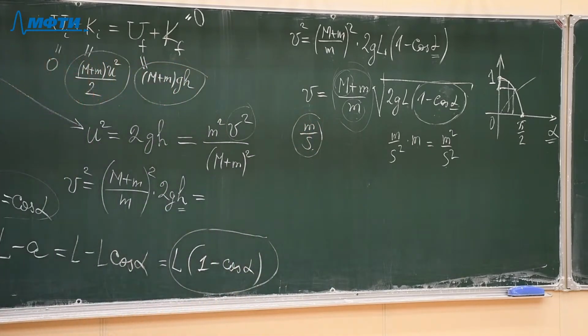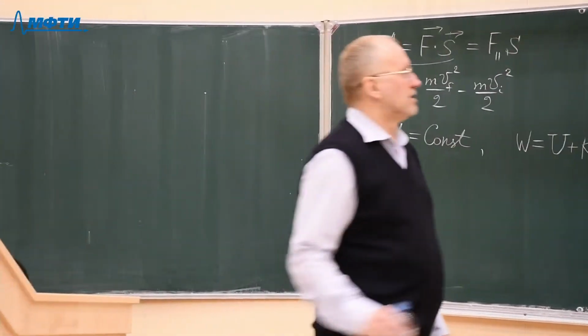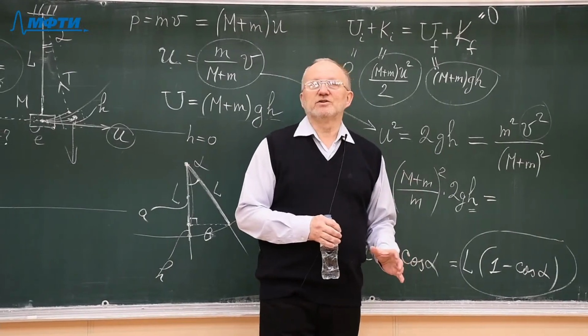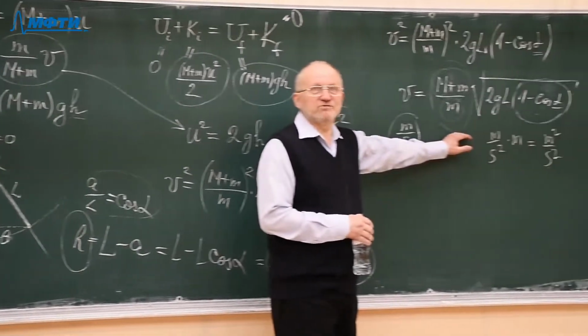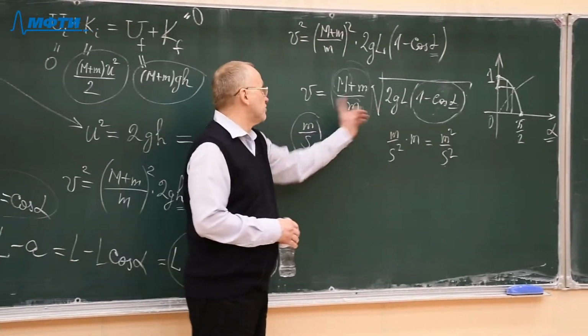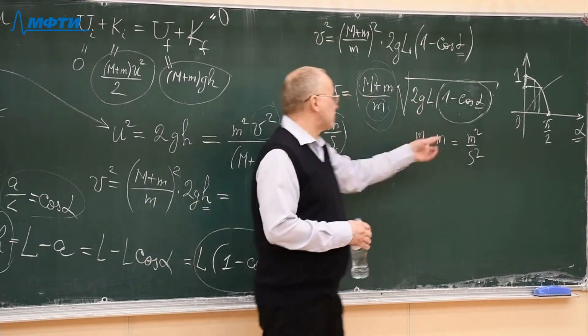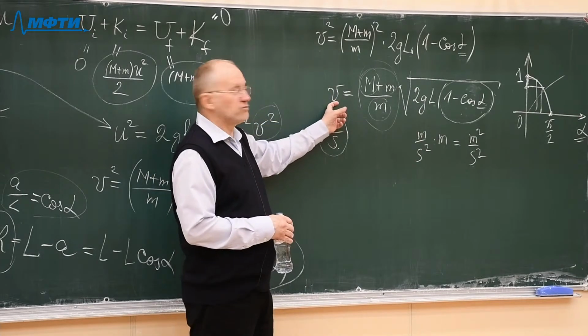So when you solve any problem in physics, any problem, you must always do these two simple steps at the end of your solution. When you obtain the solution, first, you must check the units of measurement, whether your formula gives you the desired units of measurement of your physical quantity which you are looking for.